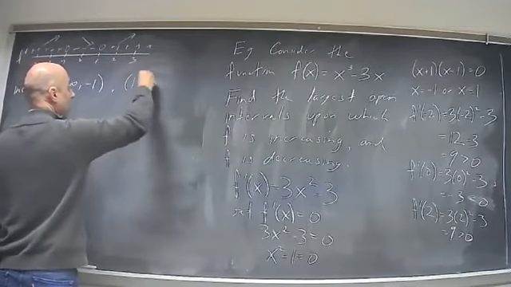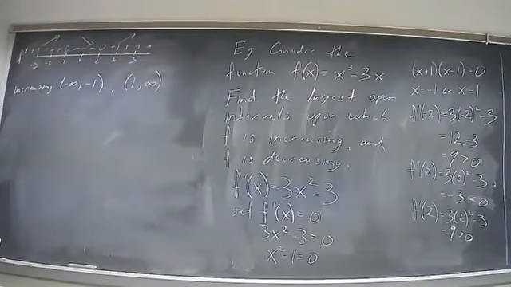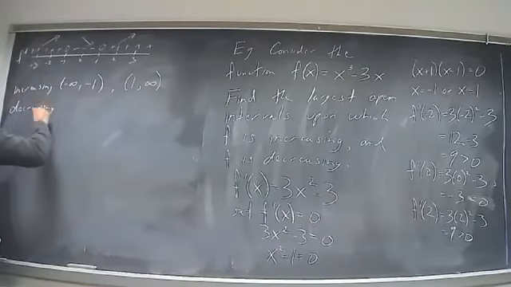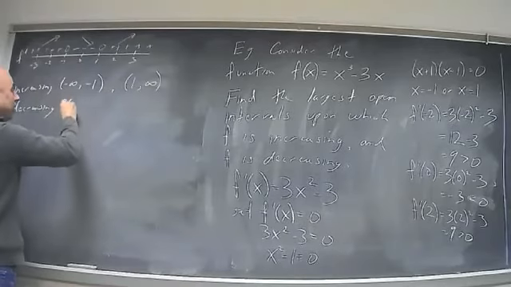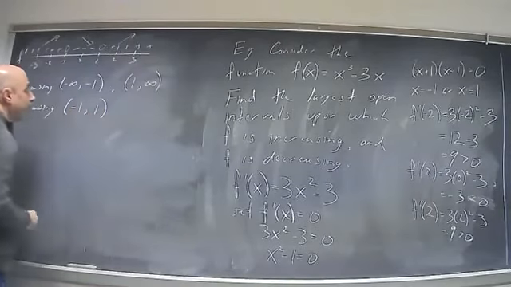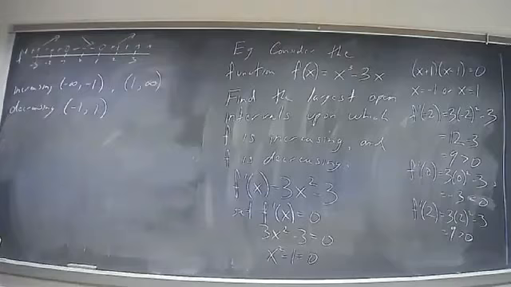So on those two open intervals, the function is increasing. And it seems to be decreasing between -1 and 1. So I was definitely able to answer the original question.